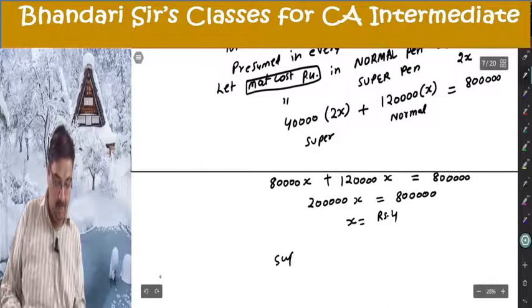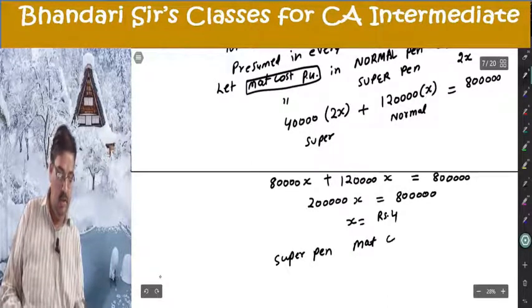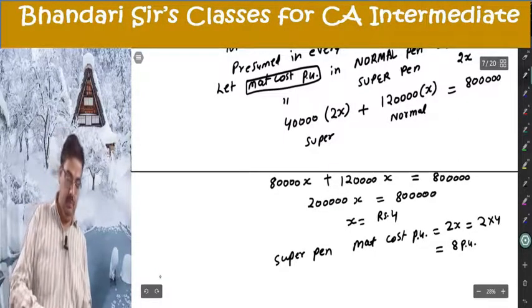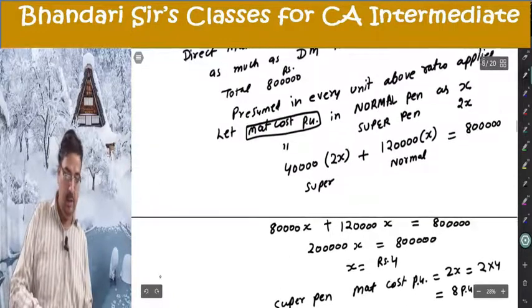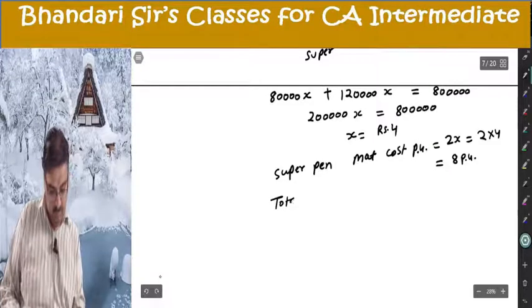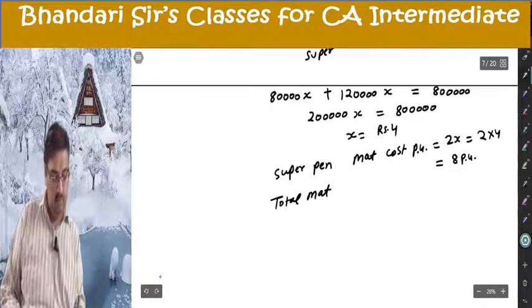So for super pen, material cost per unit is equal to 2x is equal to 2 into 4, 8 per unit. And when applied on units, units are 40,000. Total material cost in super pen.